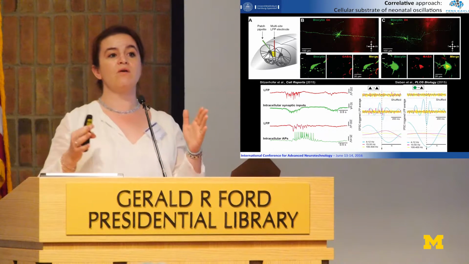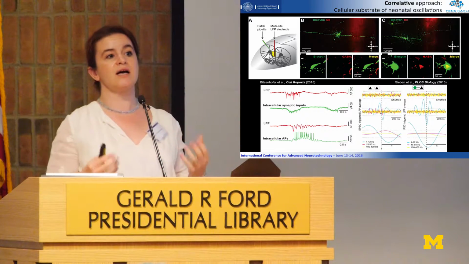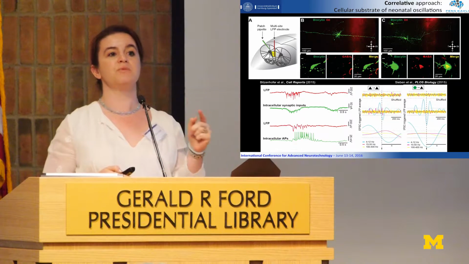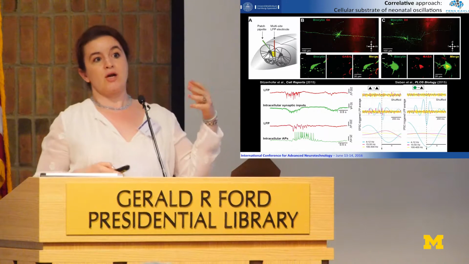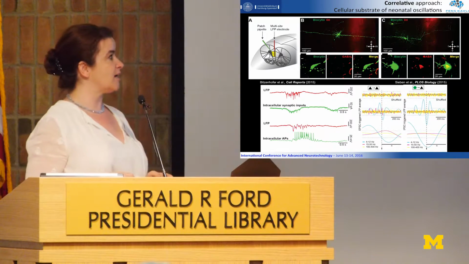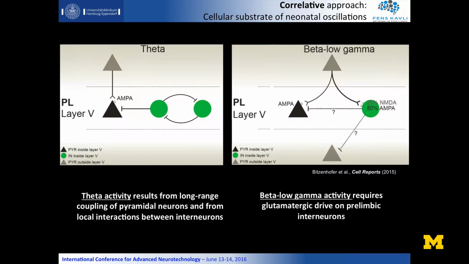This analysis allows us to determine the temporal relation between a single neuron and the field, and we end up with diagrams that allow us to say which interactions contribute to a specific pattern of activity. As I said, it's just a pure correlation.